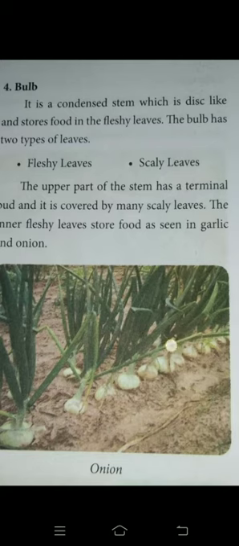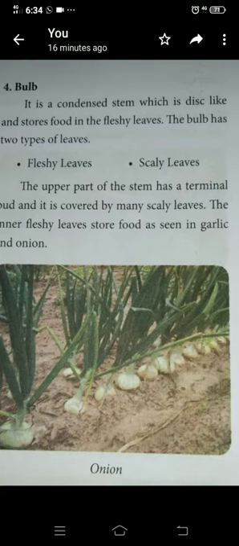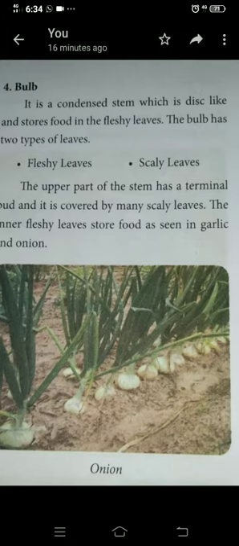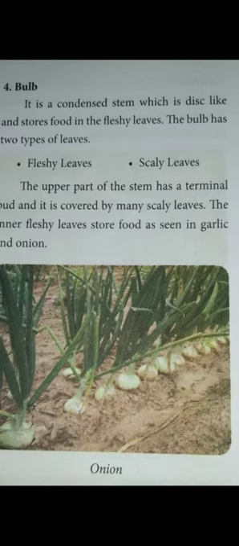The last one is a bulb. The bulb is a condensed, disc-like stem and stores food in the fleshy leaves. Only the leaves store the food. Okay, ma. The bulb has two types, fleshy leaves and scaly leaves. The upper part of the stem has a terminal bud covered by many scaly leaves.